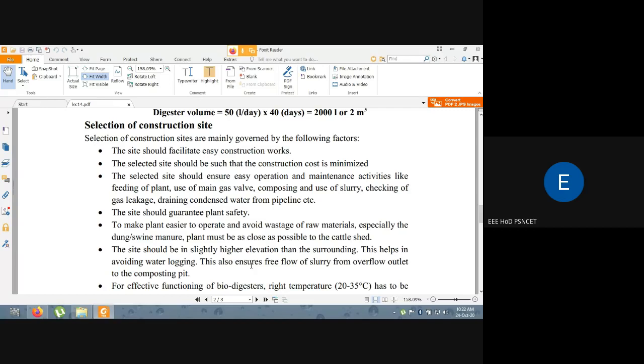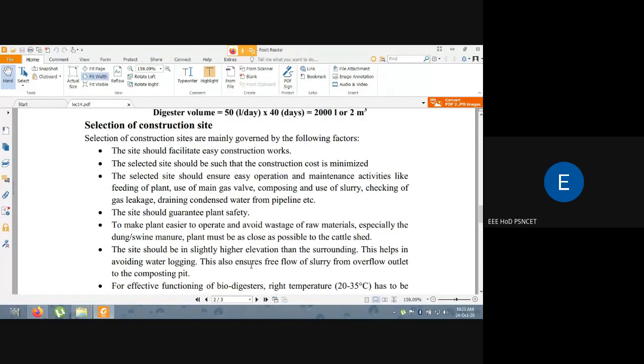In a sloping area, because during some floods, the water should not be locked inside the chamber. It should flow away. If we have placed this chamber in a sloping area, definitely during rainy season the water will flow away from that plant.